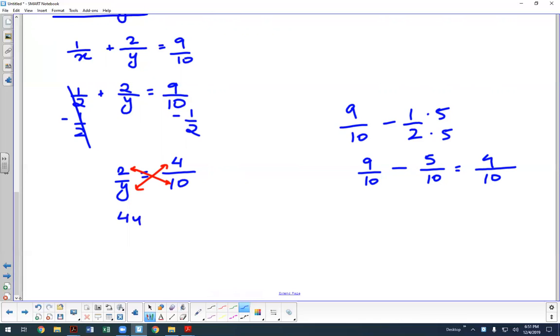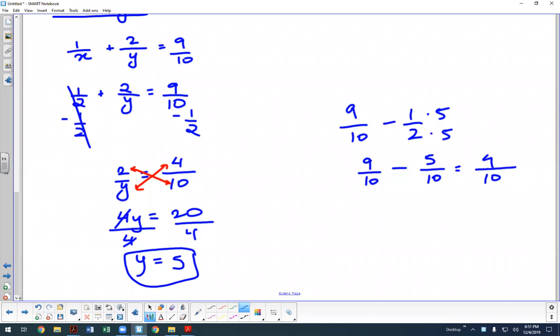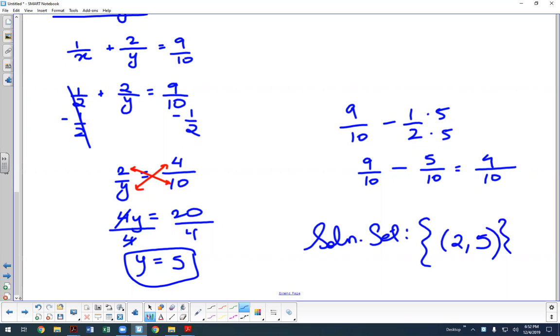What's that? 4y equals 2 times 10, which is 20. So what is y? So again, our solution set will be 2, 5 as the ordered pair.